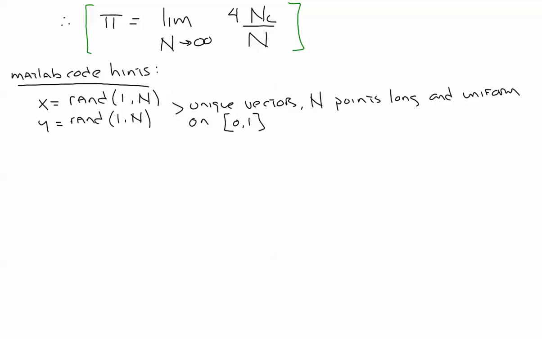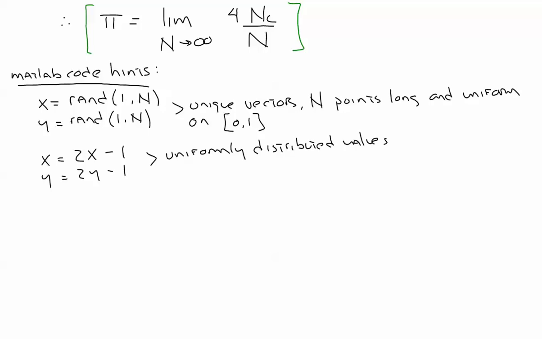So, you might want to do this. x equals 2x minus 1, y equals 2y minus 1. This gives me uniformly distributed values on -1 to 1.